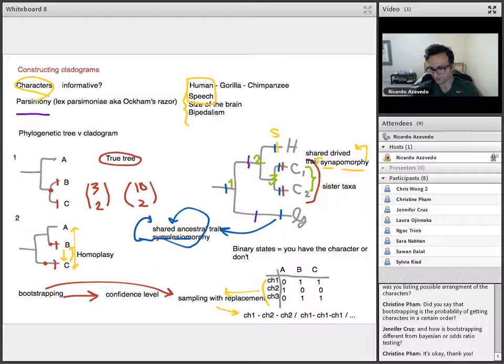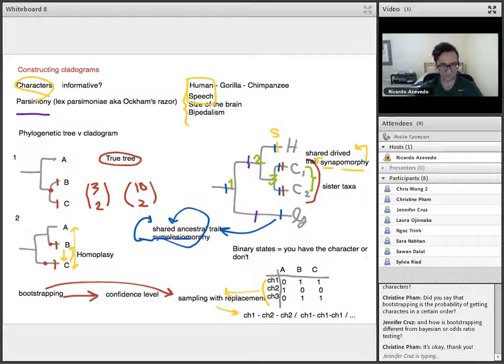Kristen says, did you say that bootstrapping is a problem of getting characters in a certain order? Yes, I would say that. So it's the probability of you getting the same arrangement of taxa in a tree given the characters that you have.